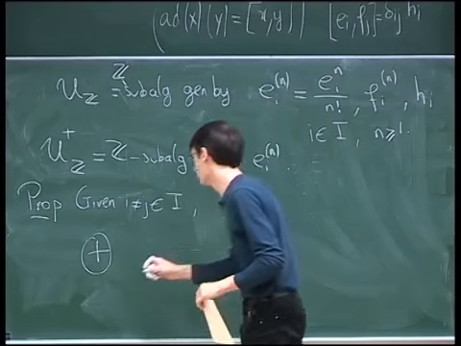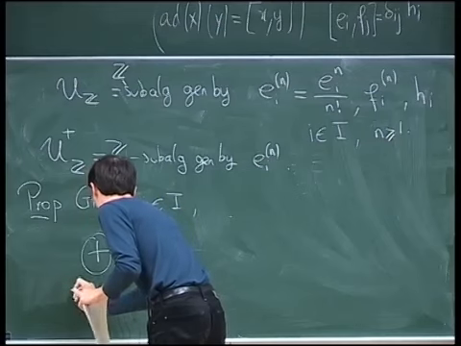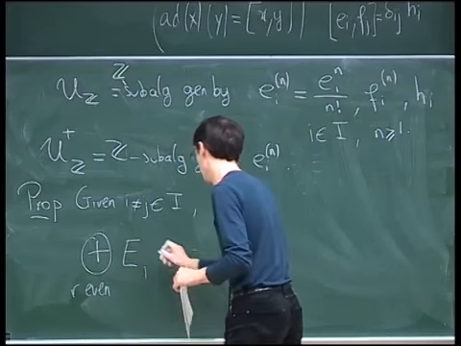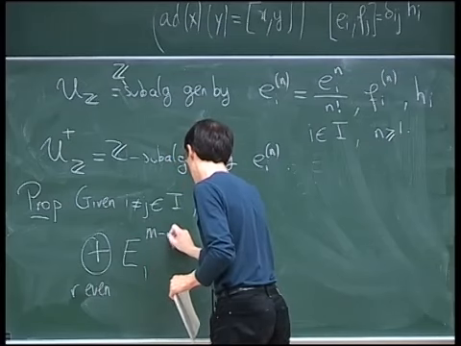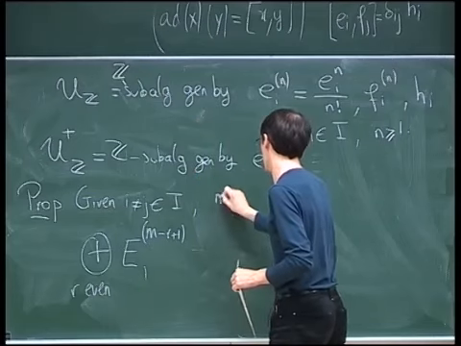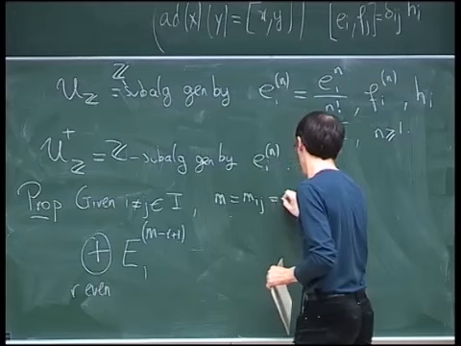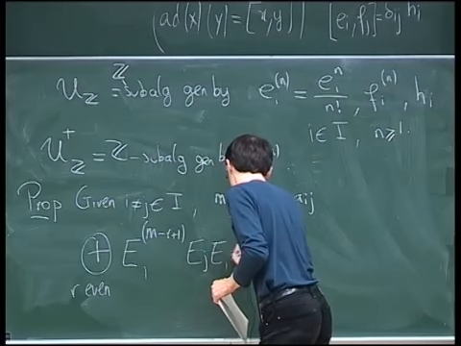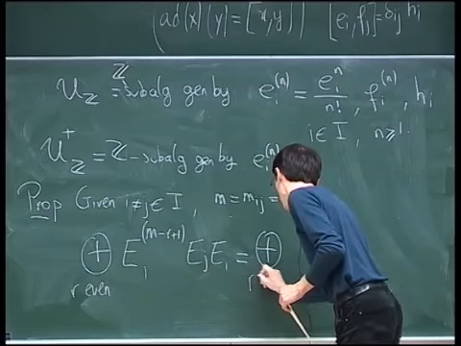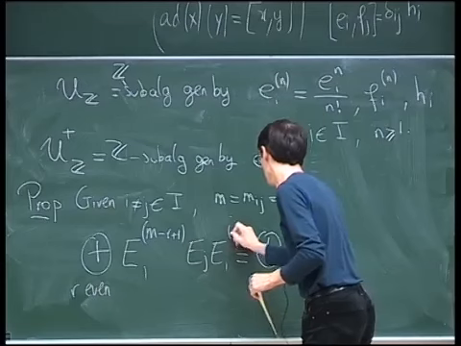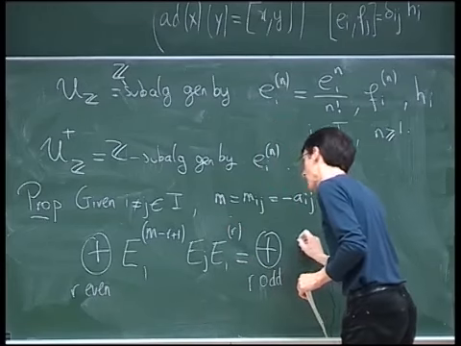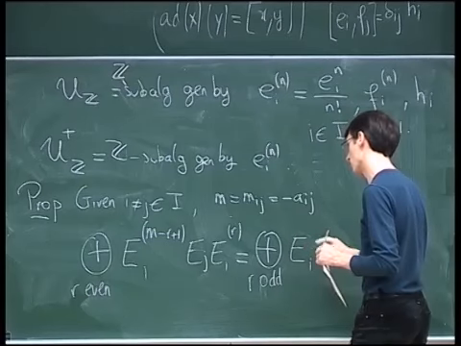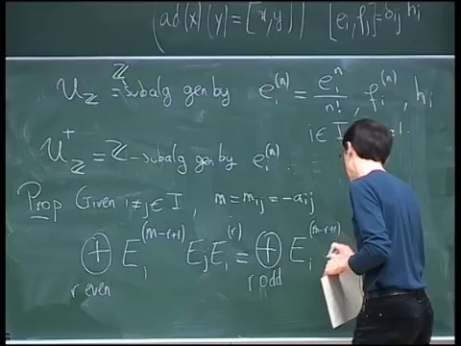So it's a semi-ring structure. If you take the sum over r, say r running over even integers, of E_i^(m-r+1) E_j E_i^(r), where I put m equal to m_ij, which I define as minus a_ij, it's the same as the sum over r odd of E_i^(m-r+1) E_j E_i^(r).